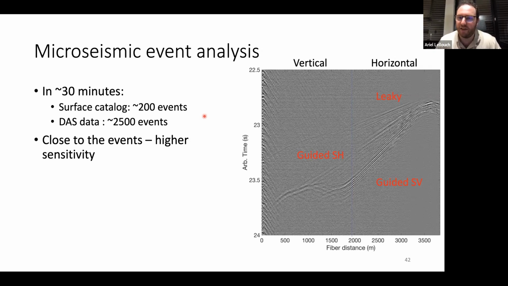And that makes sense, right? I mean, we are very close to the events. If you are at the surface, the events have to propagate like 2 kilometers up before you can see them. Whereas with DAS, you can be 100 meters away from them. So you have much more chance of seeing something.